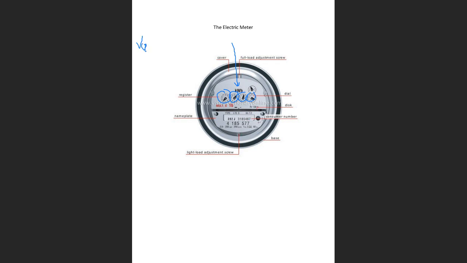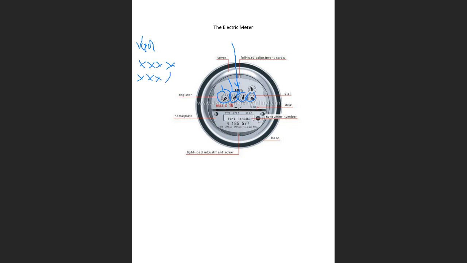What I mean by read the meter is they would actually come in and see where the hands on these needles were pointing. They read this digit, this digit, this digit, and for January they get a value. Then they come back the next month in February and read the meter again and get a number.